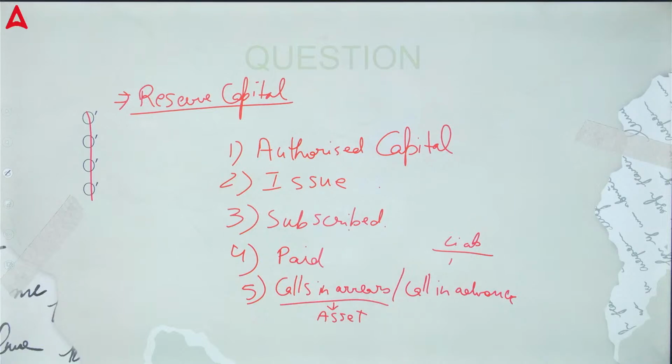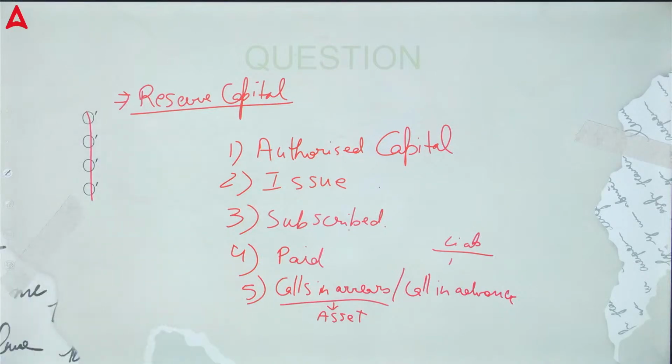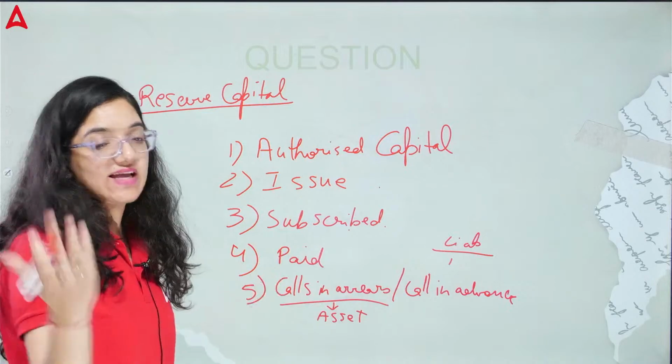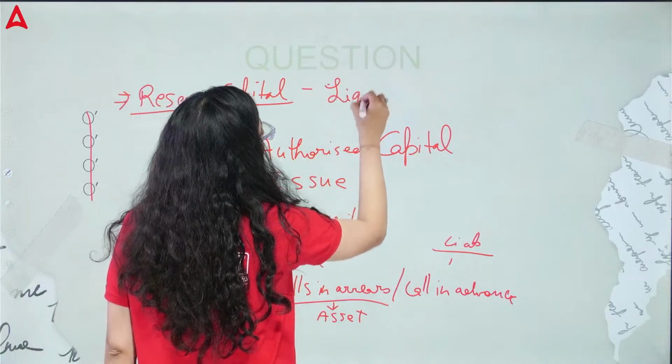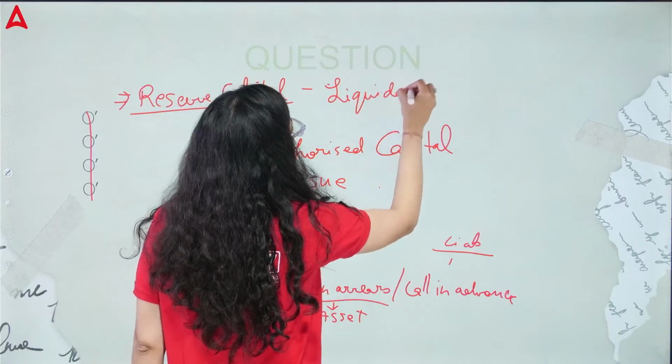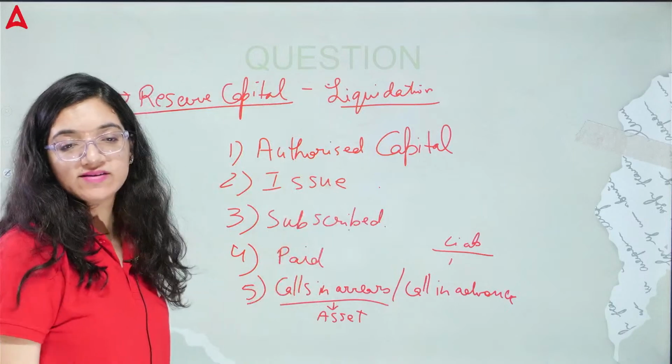We are not calling it right away, but we are telling these people not to pay us right now, but to pay when the organization is dying, that is, at the time of liquidation. If the organization is not able to pay at all, then at the time of liquidation you have this reserve capital.